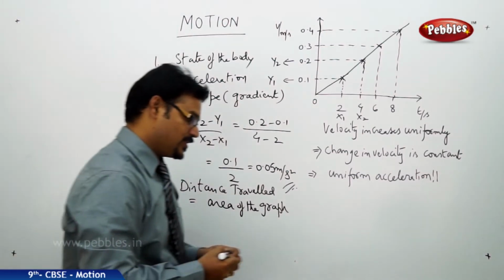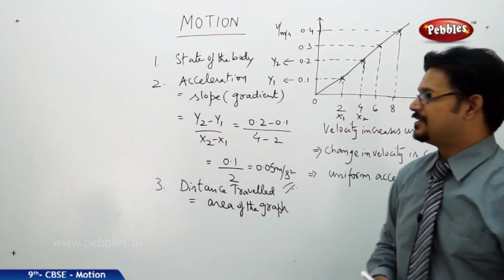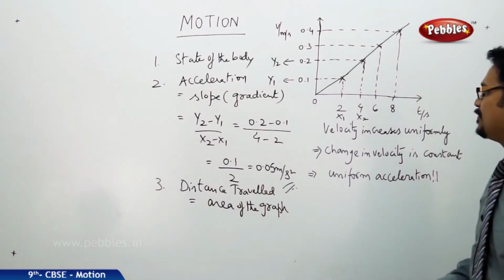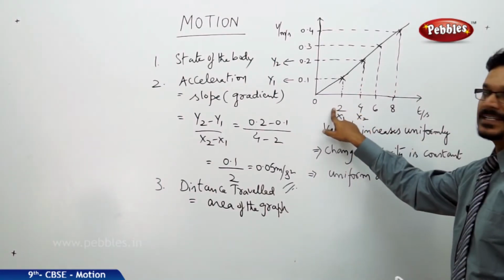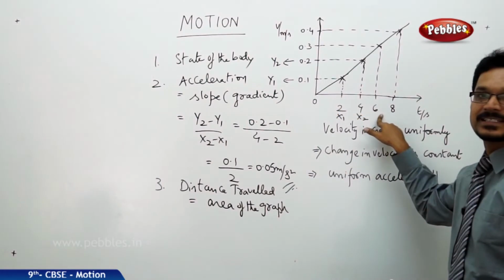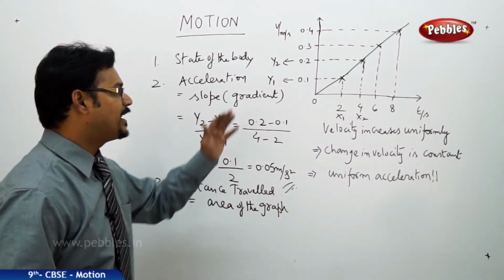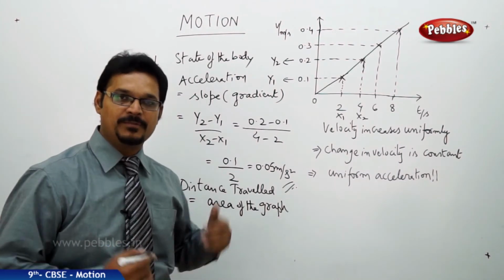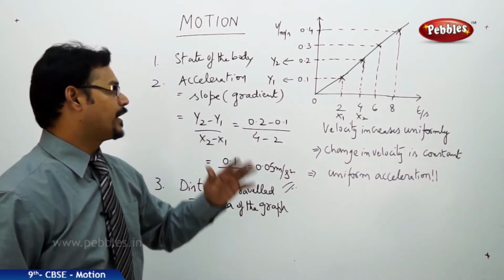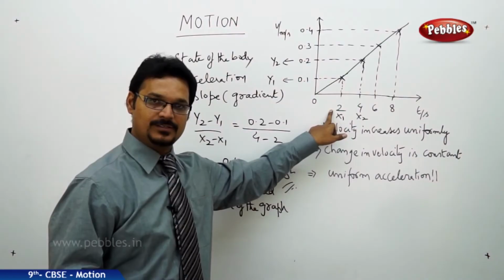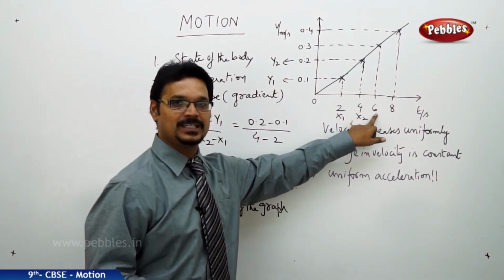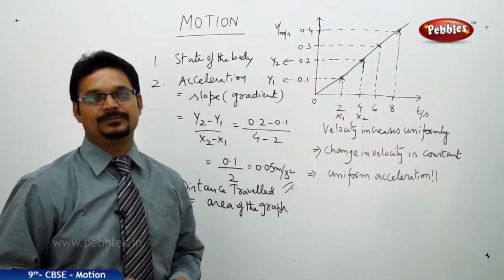Now you ask me a question, how do you find this distance? Take an example. From t equal to 2 seconds to 6 seconds, what is the distance covered? To find distance from the VT graph, let me take an example.